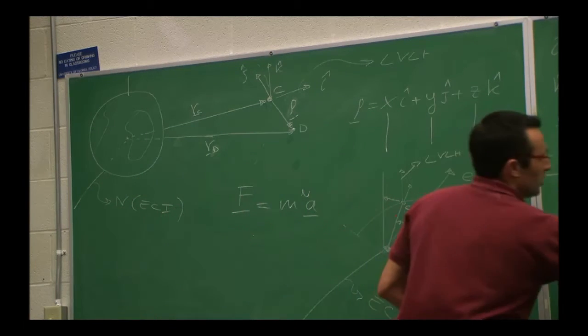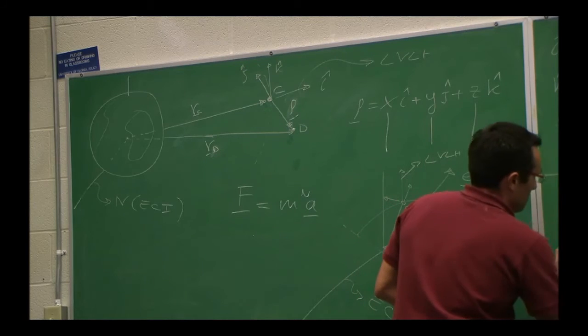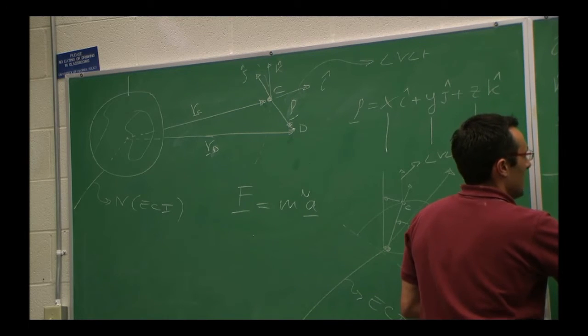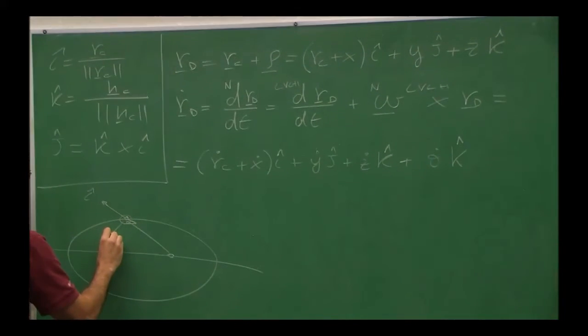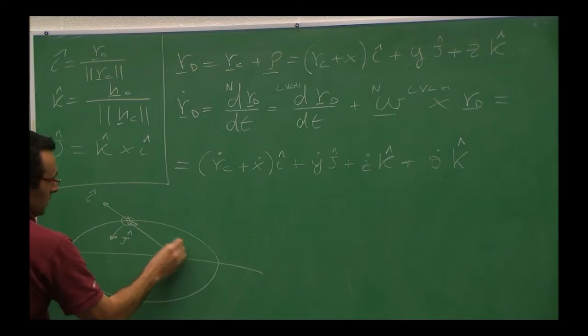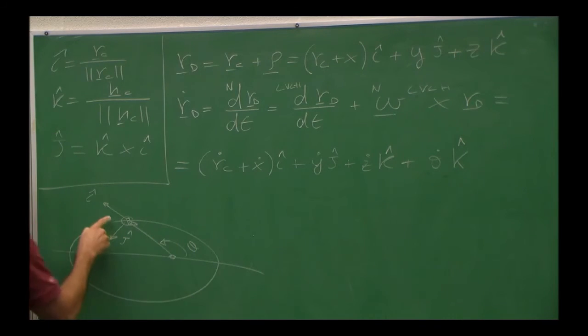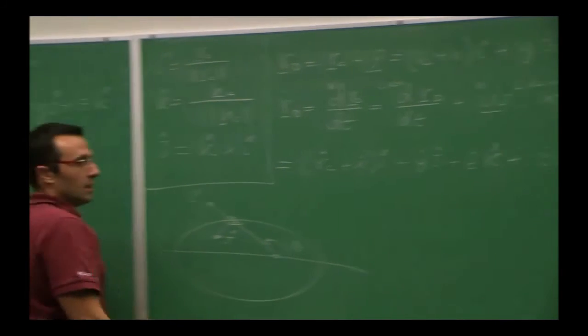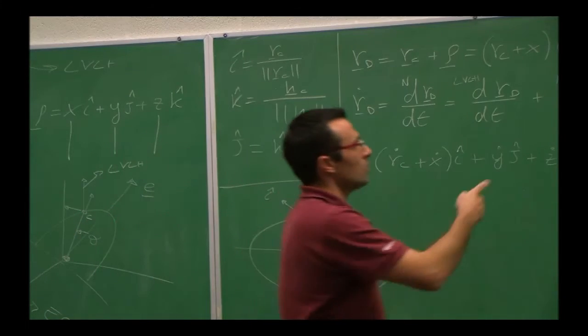So if you look at the orbit from above, and this is your line of apsides, and this is your focus, and you are somewhere here, this is your I-axis, the K is coming out, and this is your J-axis. But really, all that is changing is the orientation of these two. If everything is Keplerian, which is what I'm going to assume here, the axis pointing at you just remains pointing at you. The only directions that are changing are I and J, and the only angle you need to represent how they rotate is theta.